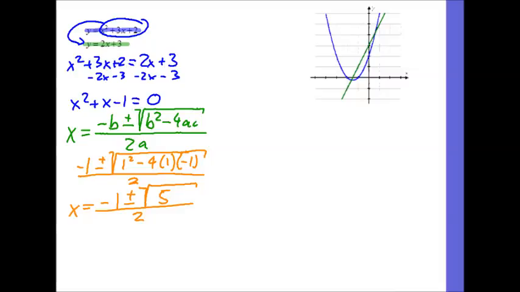So let's just start. I'm going to use the bottom equation to plug our x's in. That's going to make our lives easier. So we get 2 times -1 plus the square root of 5 over 2 plus 3.